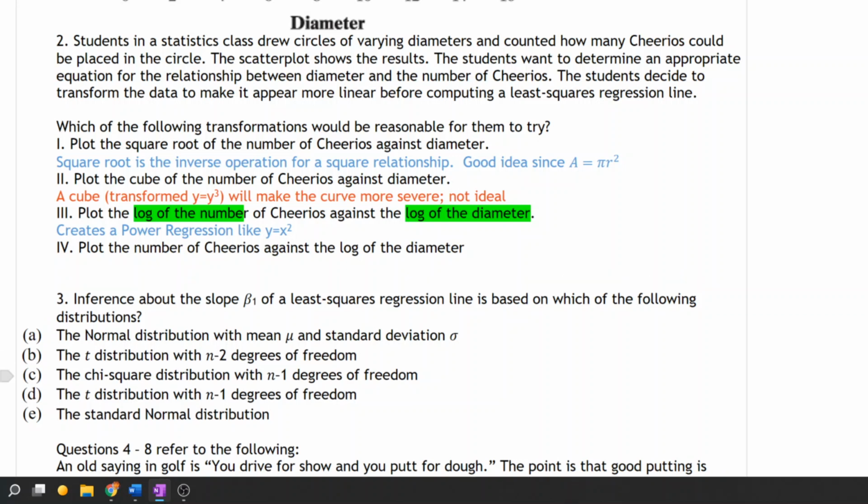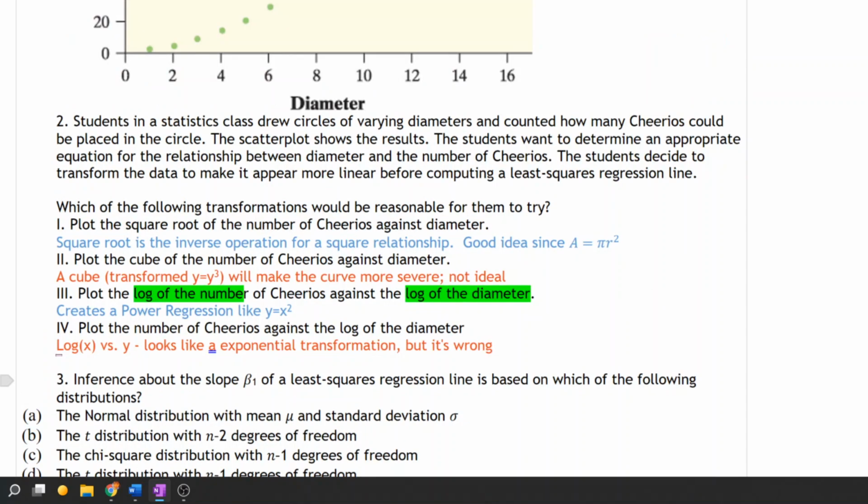Number four, plot the number of Cheerios against the log of the diameter. This one looks like an exponential transformation, but it's actually kind of backwards. The number of Cheerios is the dependent variable, the y-coordinate, and the diameter is the independent variable, the x-coordinate.